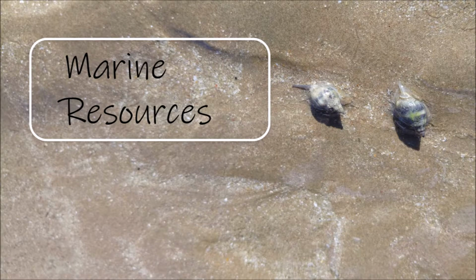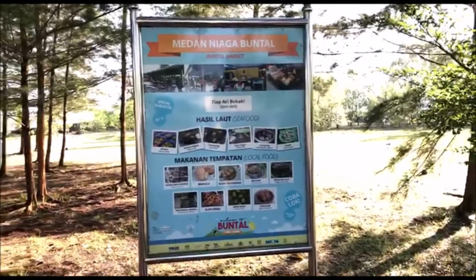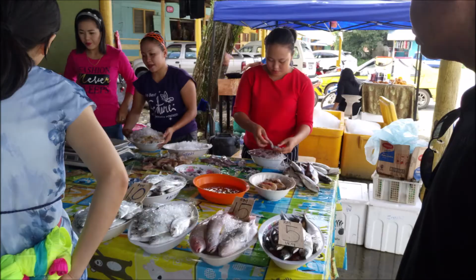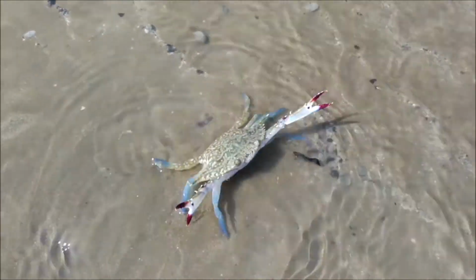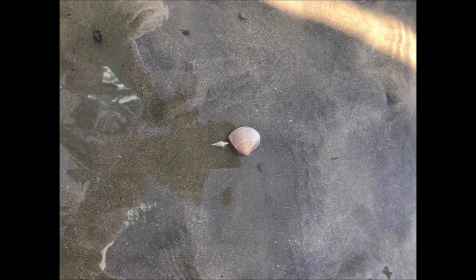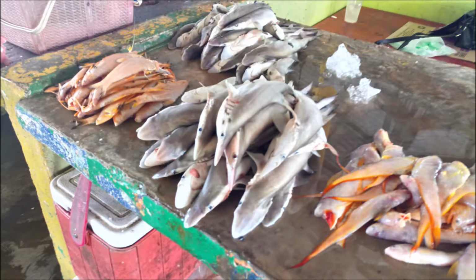Buntal Beach is rich in biomarine resources. These resources are what brings about economic impact and income for the local villagers. Some marine resources that are available in Kampong Buntal include shellfish, which extends to crustaceans and bivalves, and also fresh fishes.